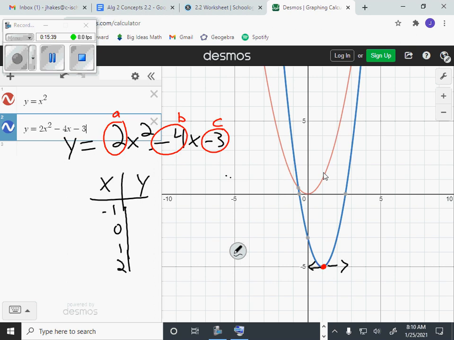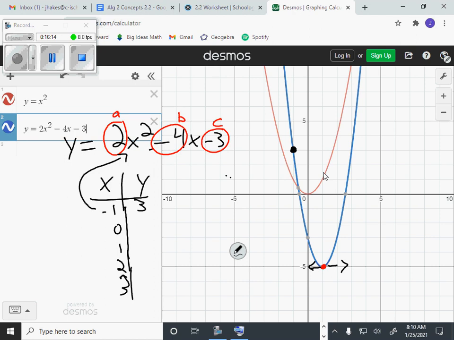When x is at -1, plug in -1 right here. We have -1 squared is 1. 1 times 2 is 2. We have -4 times -1, so that's going to be a positive 4. So we have 2 plus 4, which is 6, minus 3, we should get 3. So at -1, we're at 3, which is perfect.